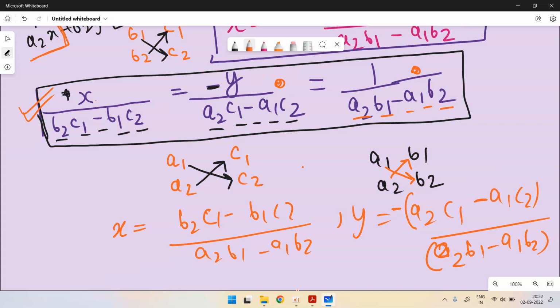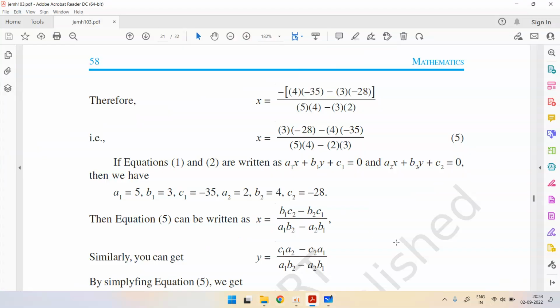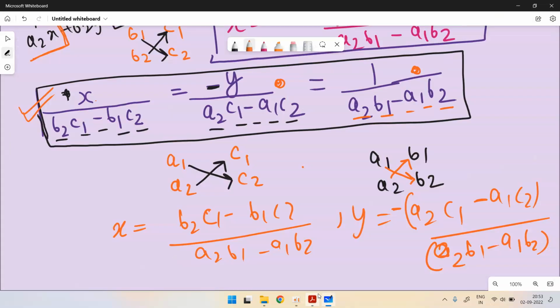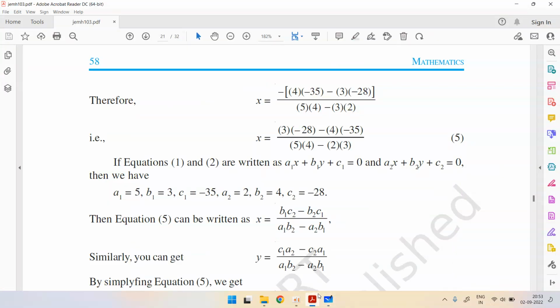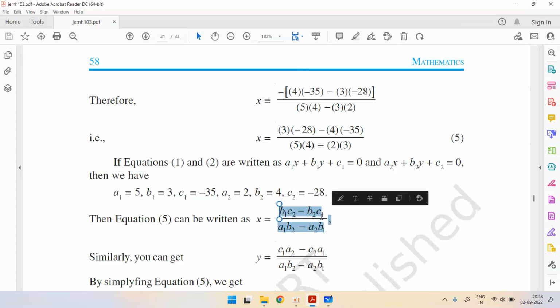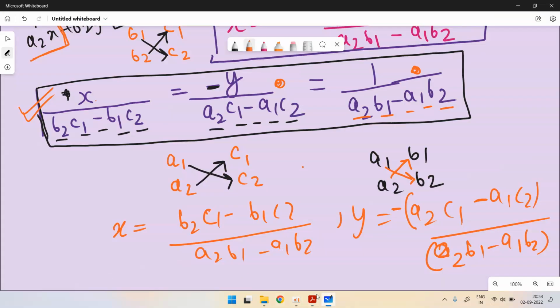So if you are not sure whether I am correct, or I am also not sure, then I am checking this value. See, x is b1 c2 minus b2 c1 by a1 b2 minus a2 b1, so it is just the reverse, with a minus sign.